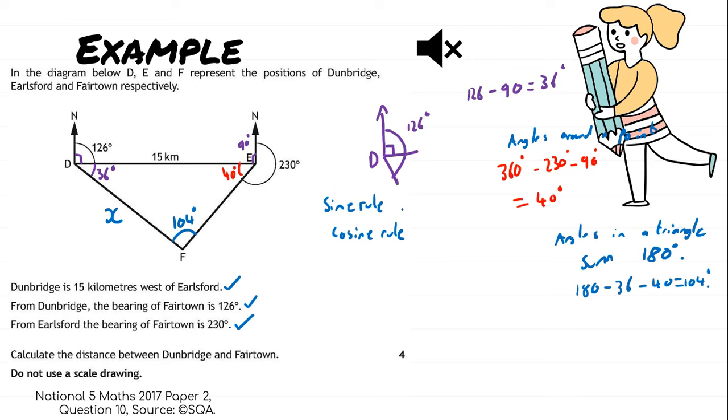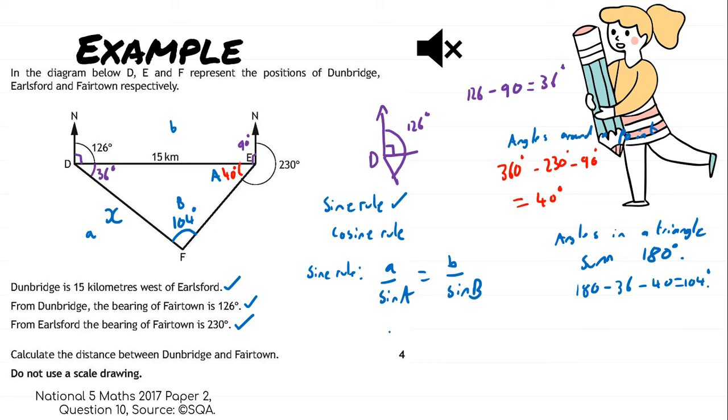Do I know that? Well, yeah, I've got two sides. I've got the 15-kilometer side and this x that I'm trying to find, and I definitely have two angles. So we're going to use the sine rule. So the sine rule is a over sine A equals b over sine B. We're going to call this side a, so this is going to be angle A, and we're going to call this side b, so this is going to be the angle B.